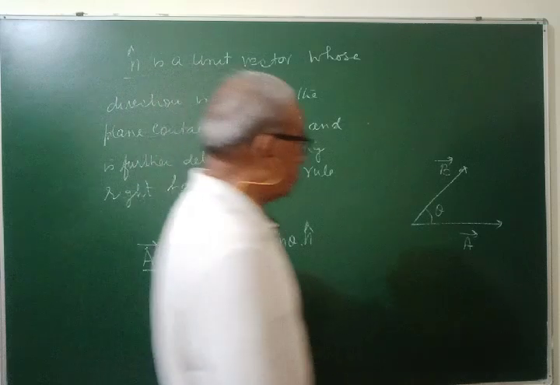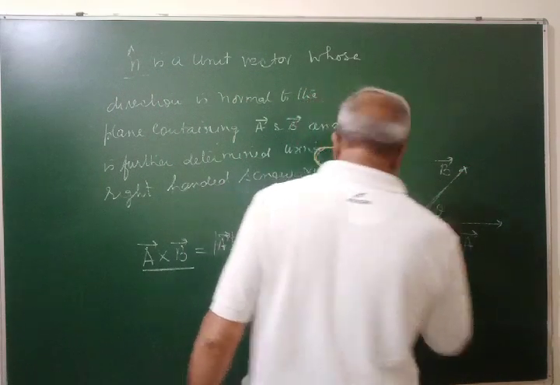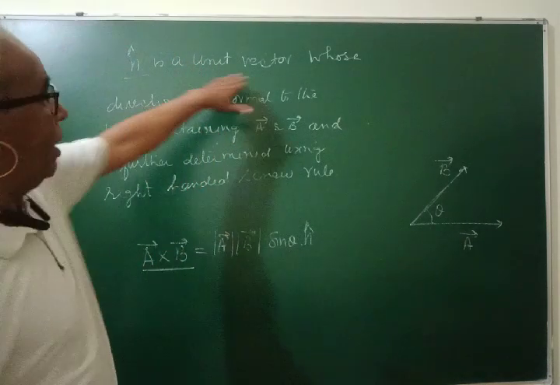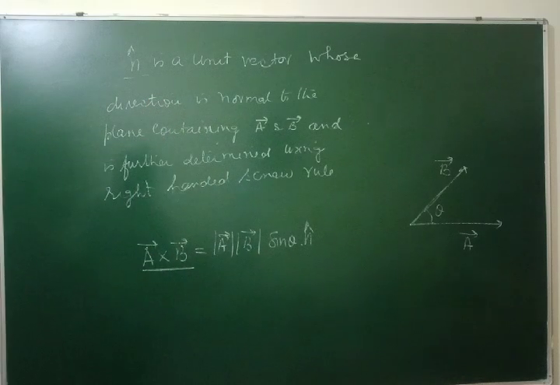Here I have simply shown vectors A and B and not shown the direction of n cap. I have written n cap is a unit vector whose direction is normal to the plane containing vectors A and B and is further determined using the right-hand rule.